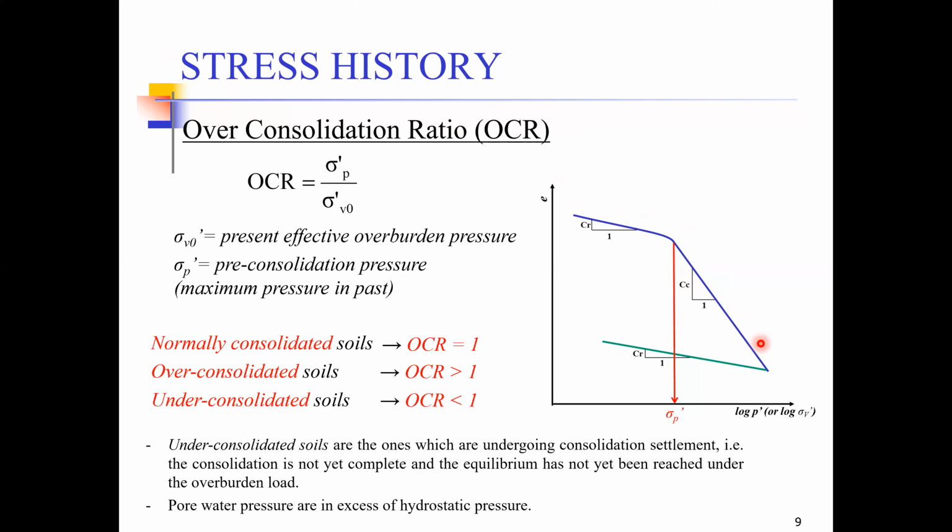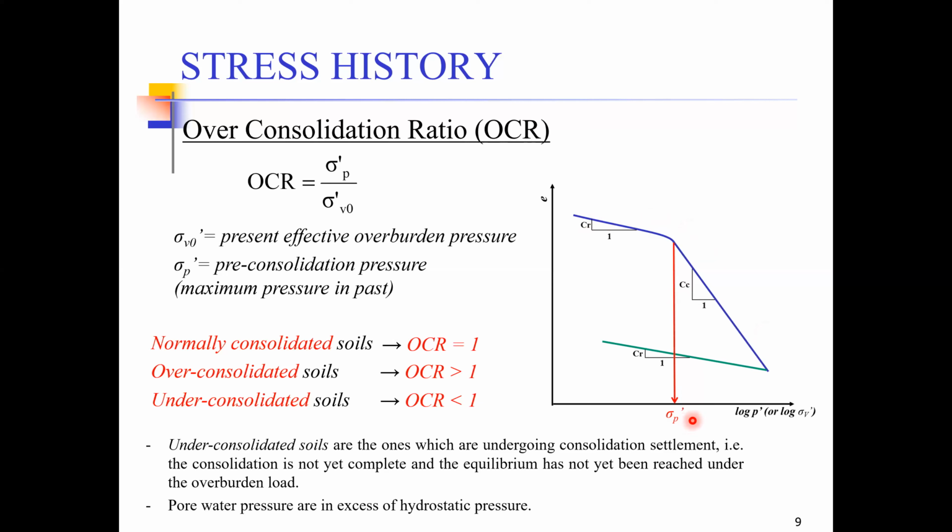If the behavior is in this zone, then for the determination of the magnitude of consolidation settlement, we have to use the recompression index. And if the behavior is in this zone, then for the determination of settlement, we have to use the compression index.